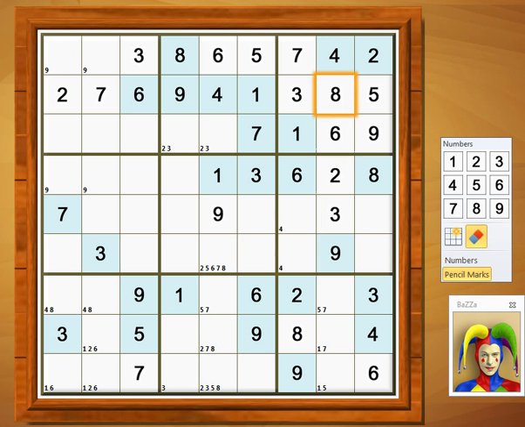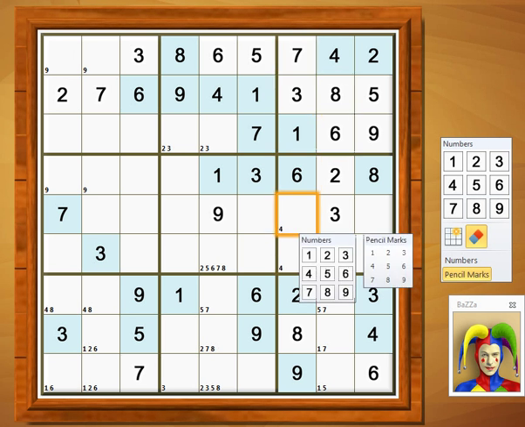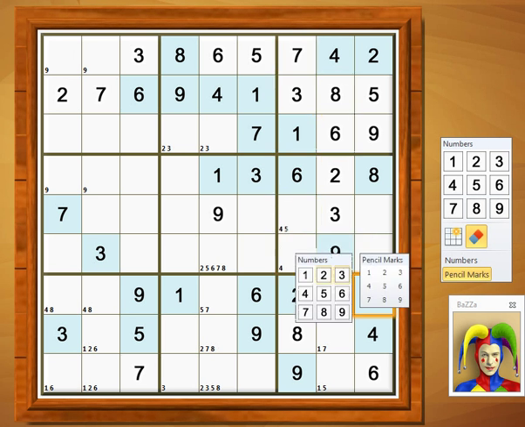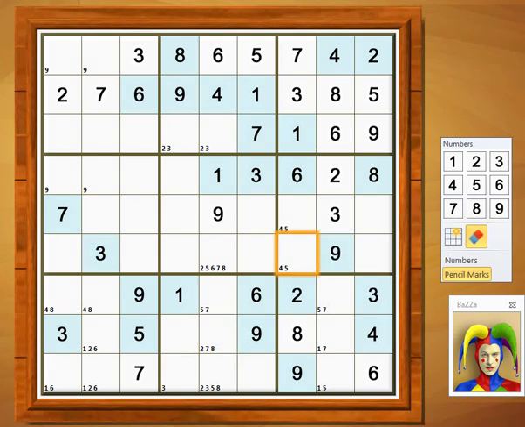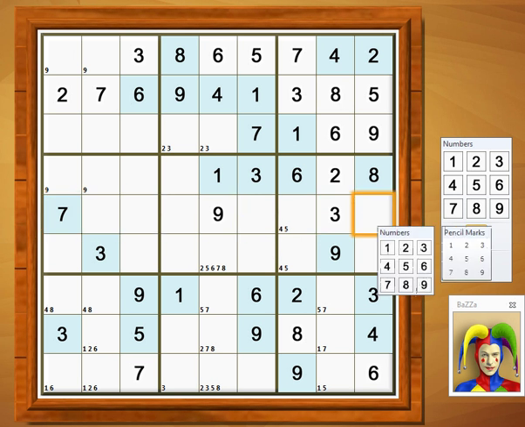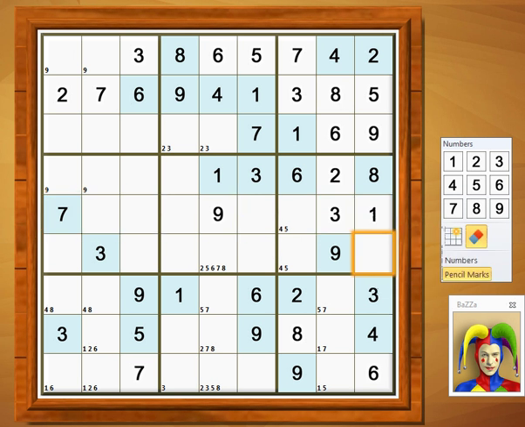So these are 4s, we already got the 7 there, so these must be 1s and 5, 4s and 5s I should say, sorry. 4, 5, and that means these are 1s and 7s. But we've already got a 7 there. So that's a 1, and that's a 7. Then we can take this 7 out, because we don't need that there.